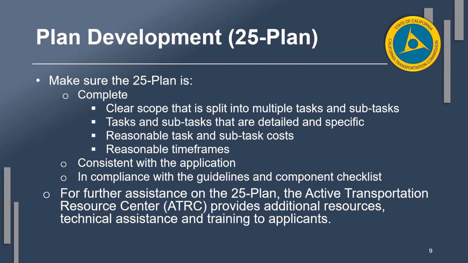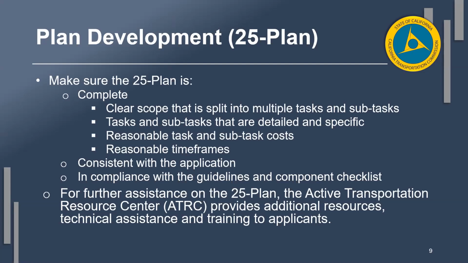The third tab is the scope of work template, and this tab defines the scope, cost, and deliverables of the plan. It also provides the details as to how the required plan components will be included throughout the development of the plan and in the final plan. And the fourth tab is an example of the scope of work, which is provided as a reference.